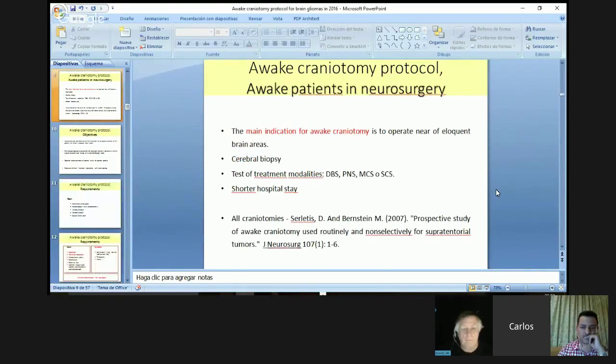So the main indication for an awake craniotomy is to operate in or near eloquent brain areas. We can use it in cerebral biopsy. We can test treatment modalities such as deep brain stimulation, peripheral nerve stimulation, motor cortex stimulation, or spinal cord stimulation. This permits a shorter hospital stay.